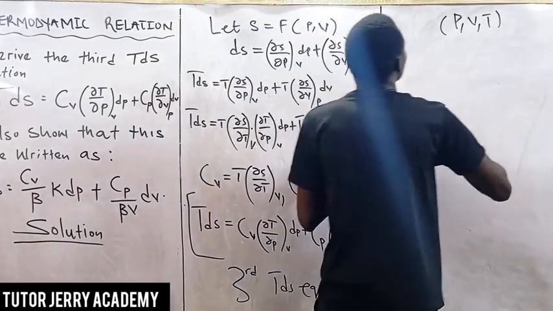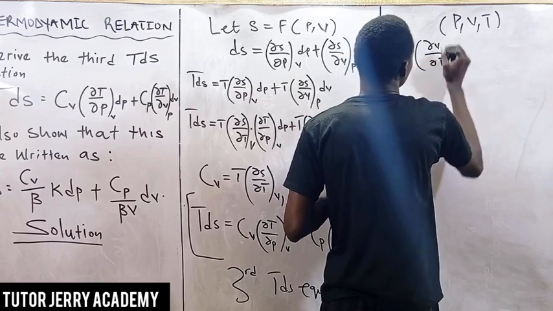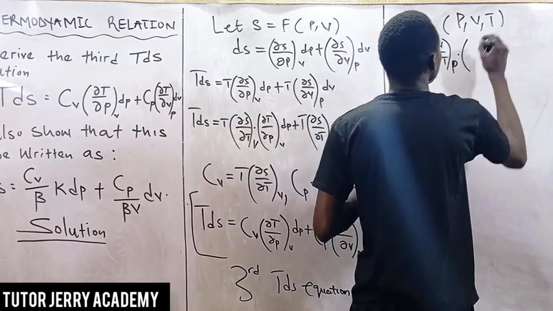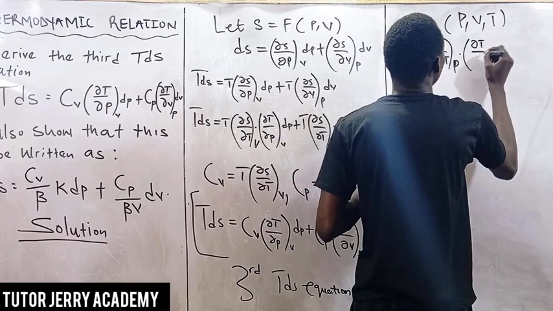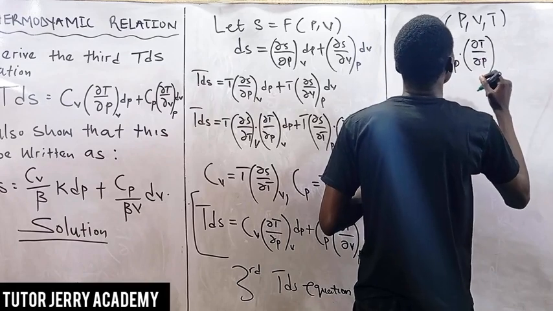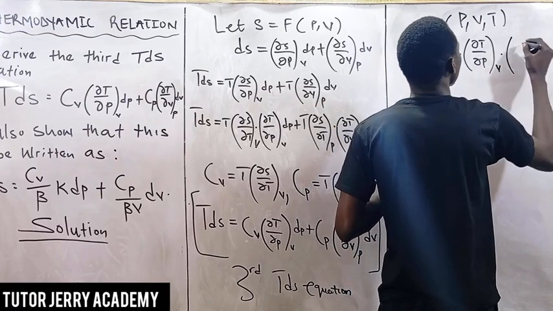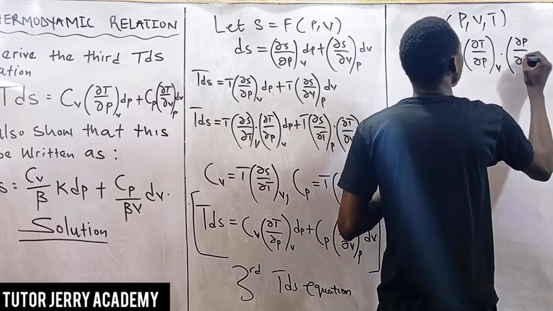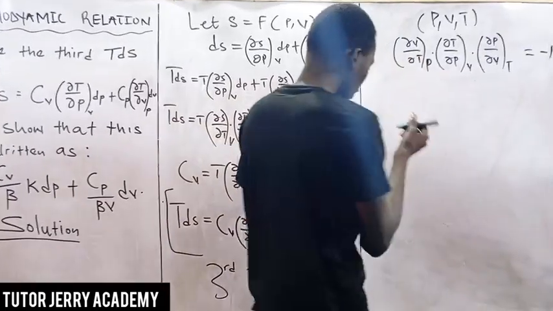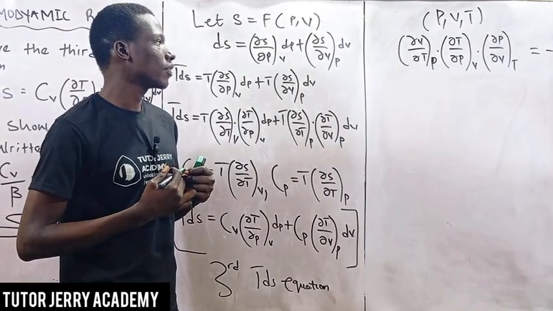It states that the partial derivative of V all over the partial derivative of T, keeping P constant, is multiplying the partial derivative of T all over the partial derivative of P, keeping V constant, is also multiplying the partial derivative of P all over the partial derivative of V, keeping T constant. Everything is equal to -1. So this is the cyclic relation for PVT.